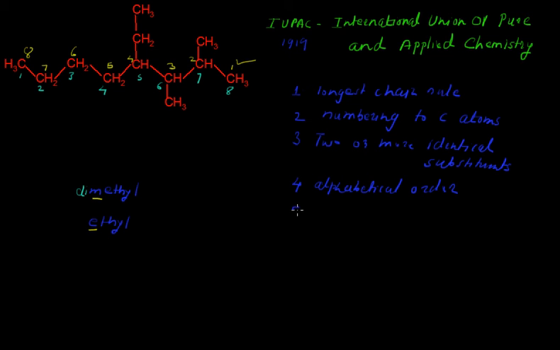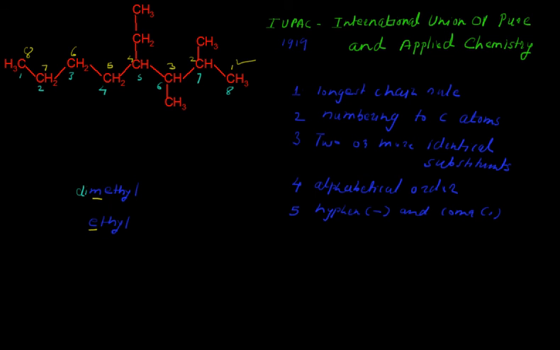So let's see the next rule. The next rule is related to the hyphen. The symbol is like this, and comma. According to this rule, the number and name are separated by a hyphen and numbers are separated by commas, and the name of the parent alkane should be at the end.